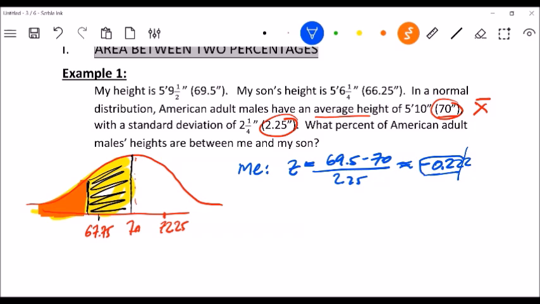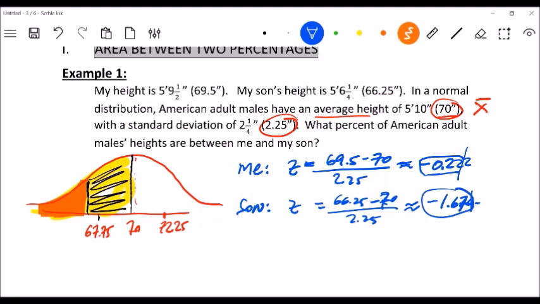His, my son's, is 66.25 minus the 70 over 2.25, which comes to approximately negative 1.6, and that 6 is repeating. So if I keep going like that, this 6 will make that one into a 7. Okay, so there's that one.